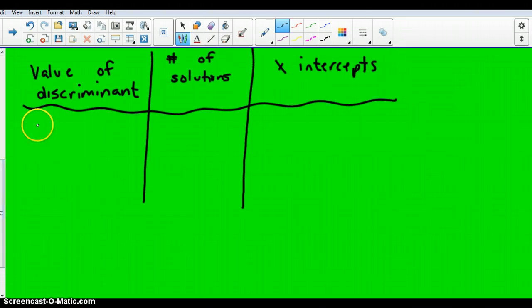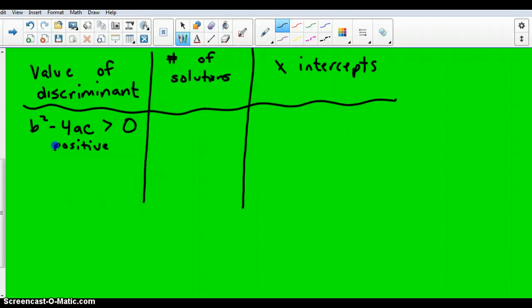Okay, let's say b squared minus 4ac is greater than 0. Does that mean that it is positive or negative? It means it's positive. So in other words, if you look up here, the part that's underneath the square root, if we had 4 plus or minus the square root of 60 over 3, this part right here, that's the discriminant, and it's positive.